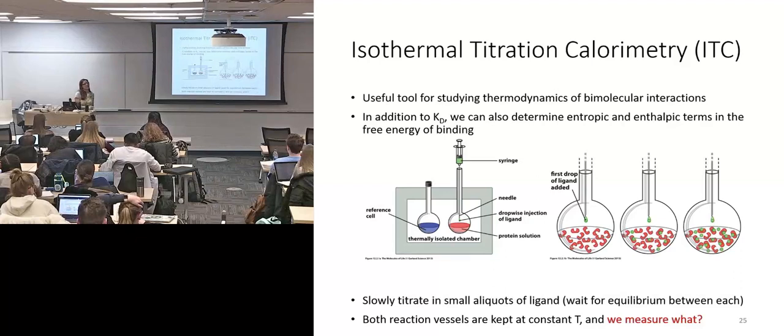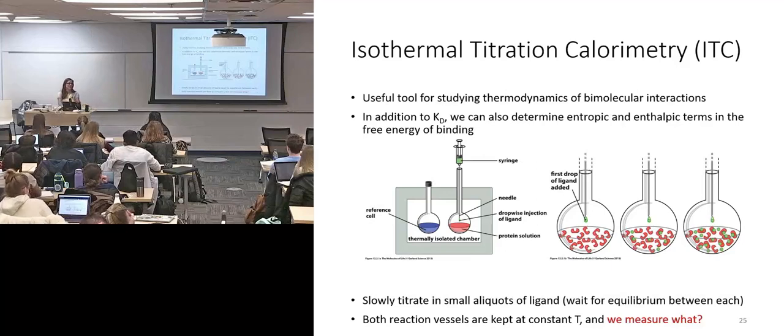When it binds, what do I think change in heat would be? What are the two options for a change in heat for a reaction? I'm either releasing it, exothermic, or I'm taking heat to make that reaction, it's endothermic.